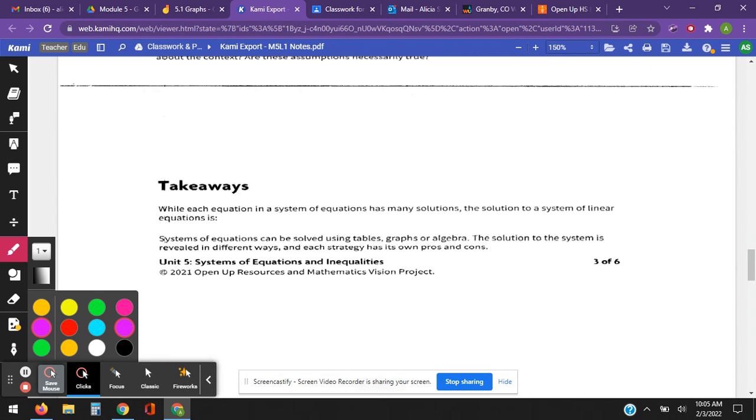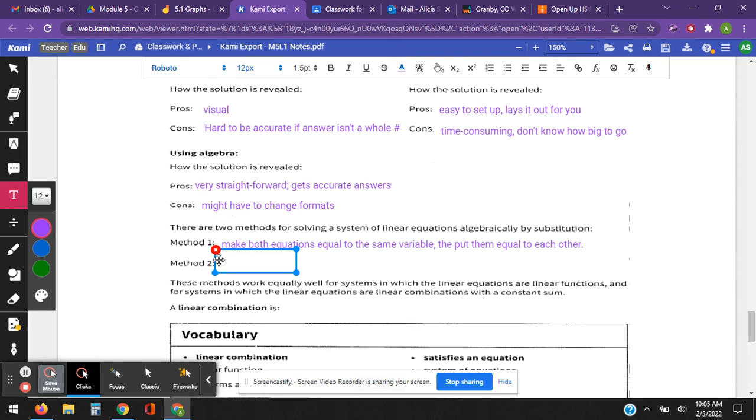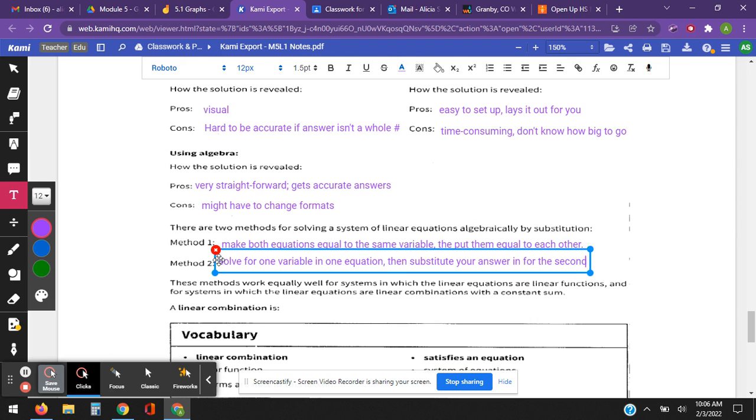So this method, I'll go back down, is solve for one variable in one equation, then substitute your answer in for the second.